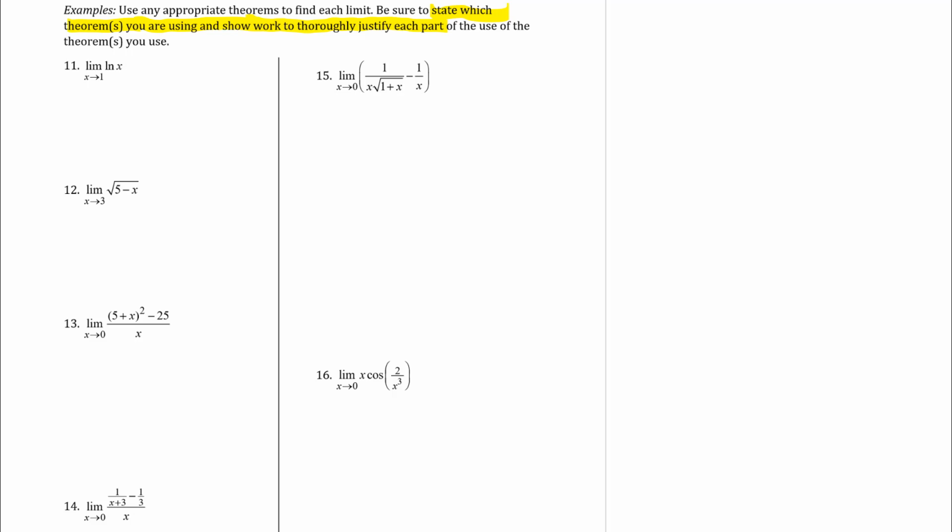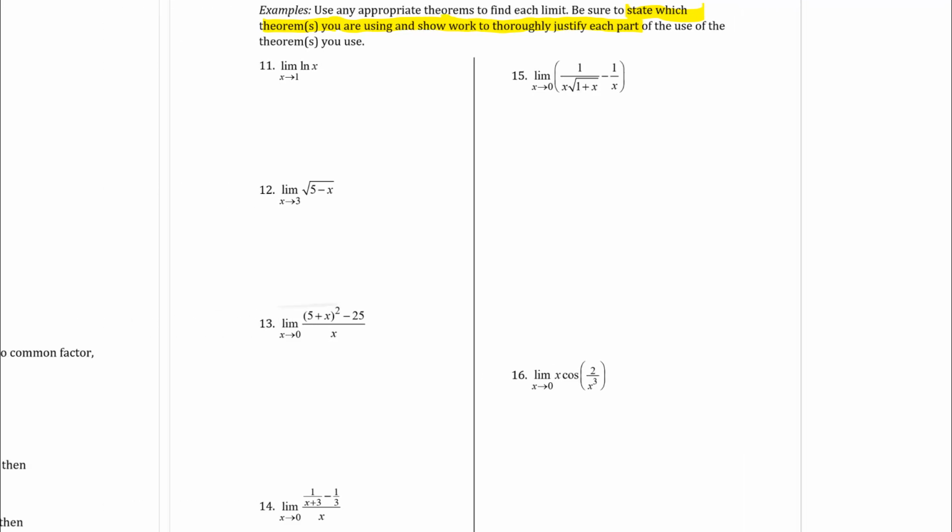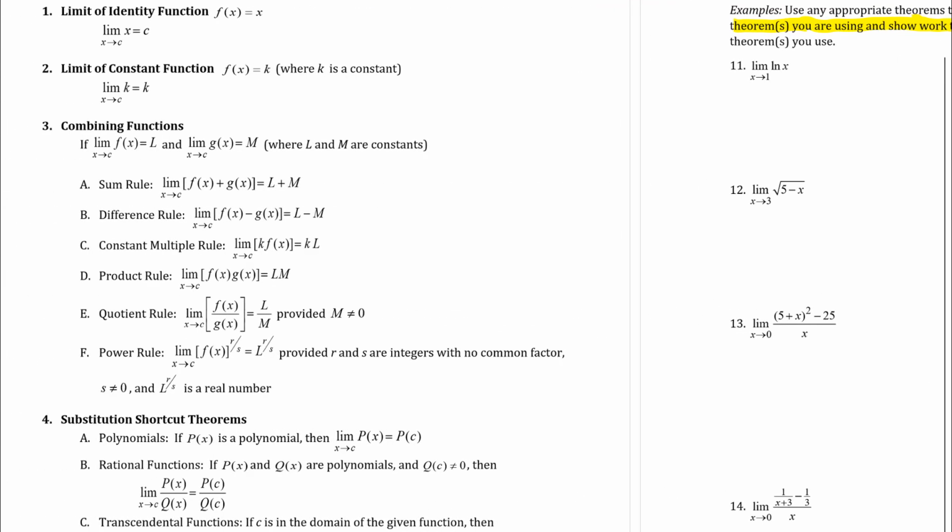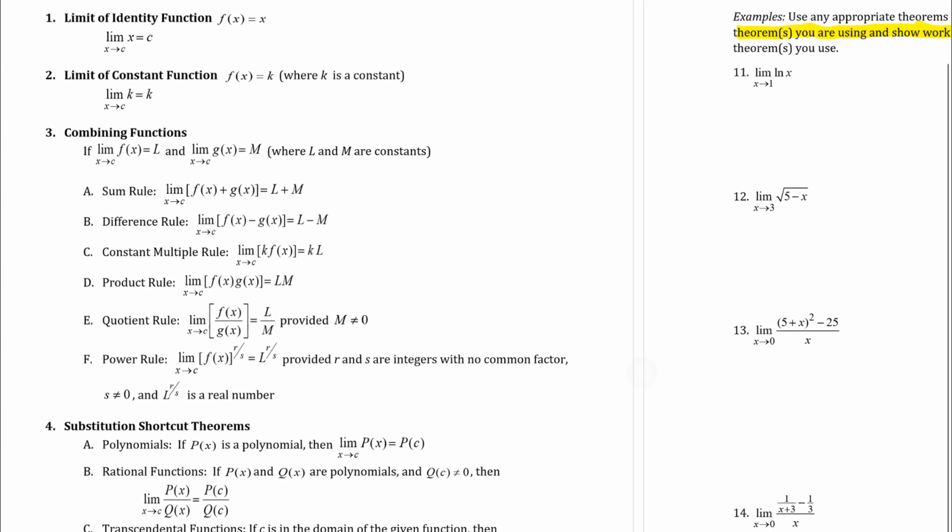All right, so I'm going to move over here where I have listed all of the limit theorems that we have so far. It's more than will fit on this screen, but these are ones that we've gone over in some previous videos. A couple of specific functions, as basic building blocks, the identity and the constant function, and then a bunch of theorems about combining functions, which then allows you to get some theorems about polynomials and rational functions.